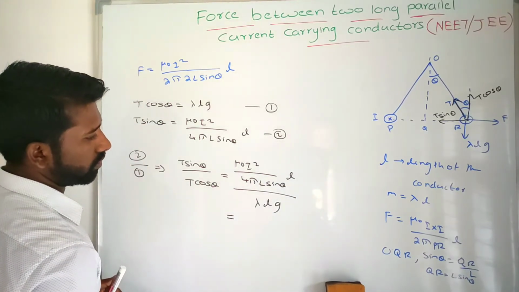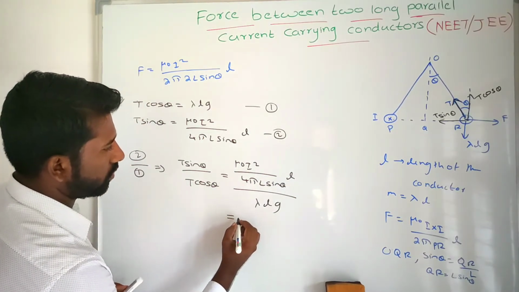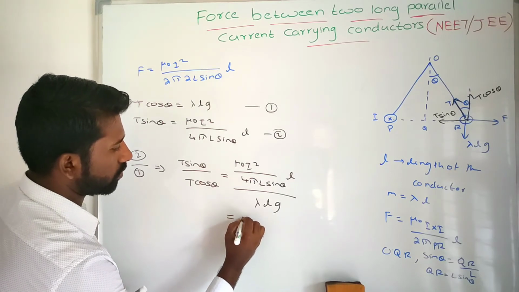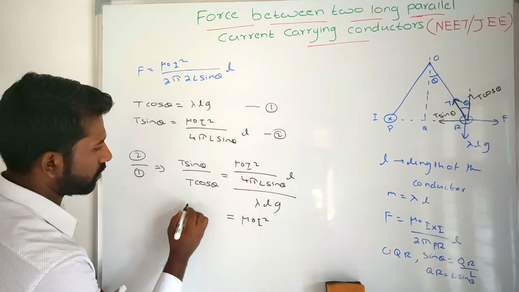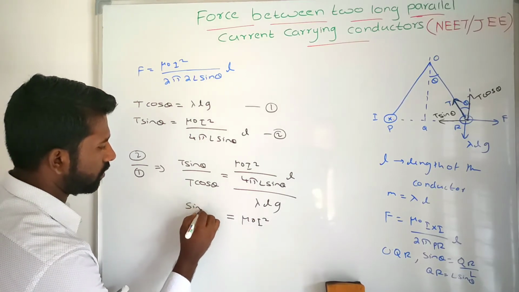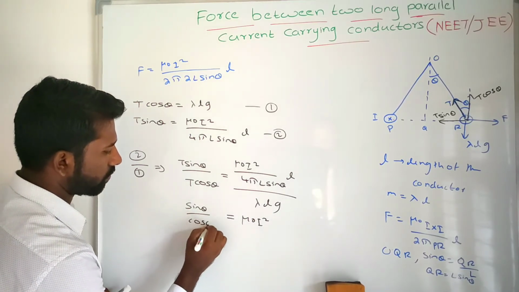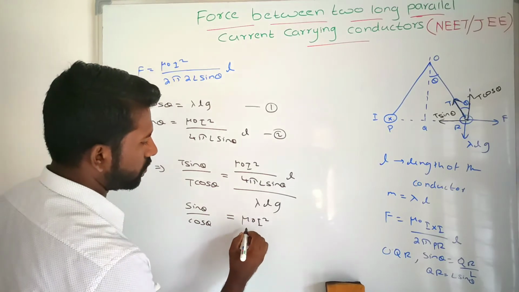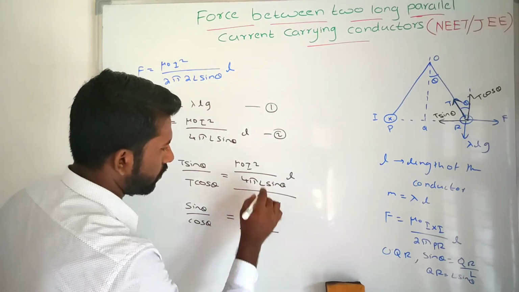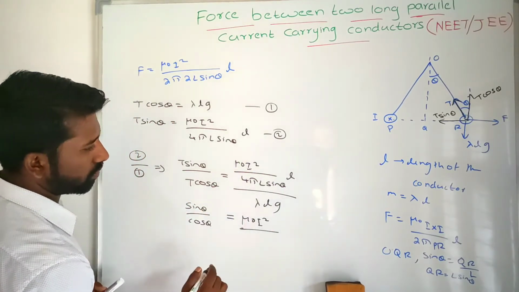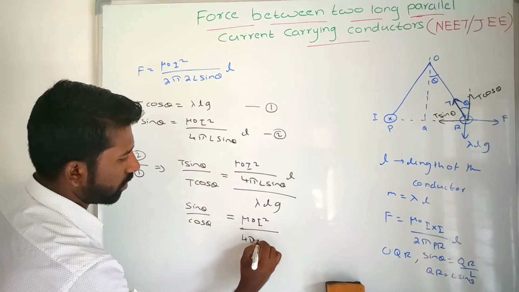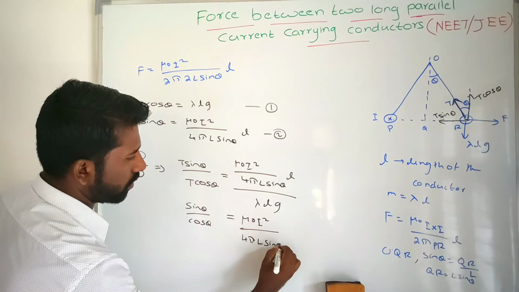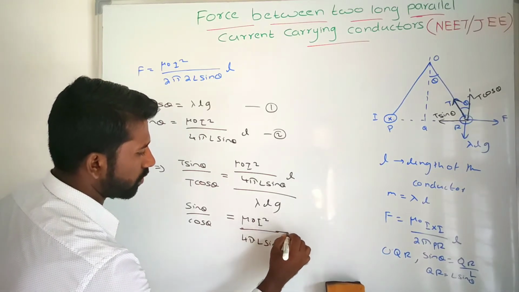Then what is remaining? Now you will get mu 0 I square, and T and T cancel. Here you will get sin theta, and here cos theta. Mu 0 I square, this 4 pi will come to the downside. So 4 pi L sin theta lambda G you will get.